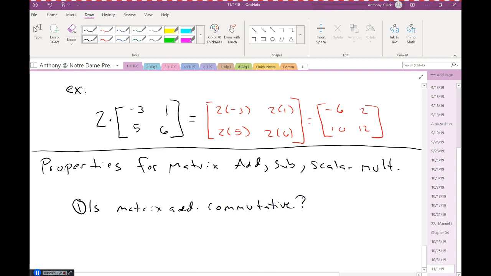So the first question that we're going to investigate is, is matrix addition commutative?